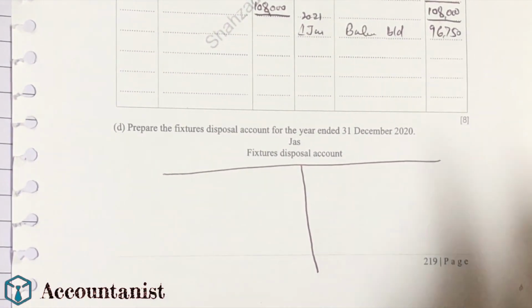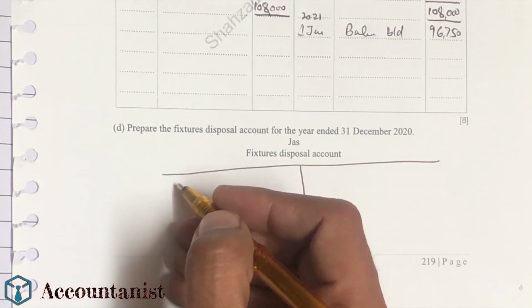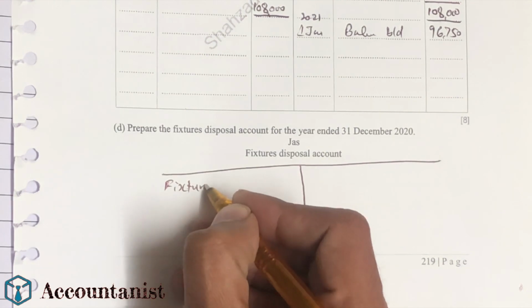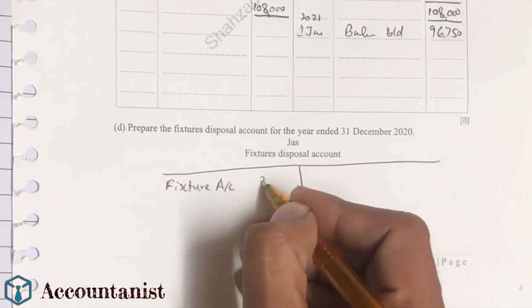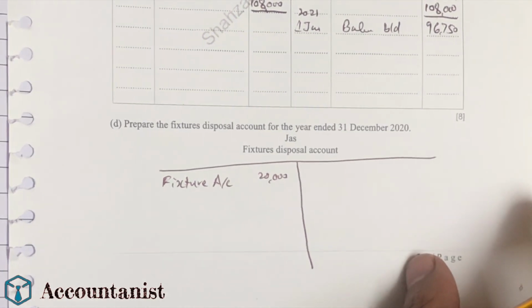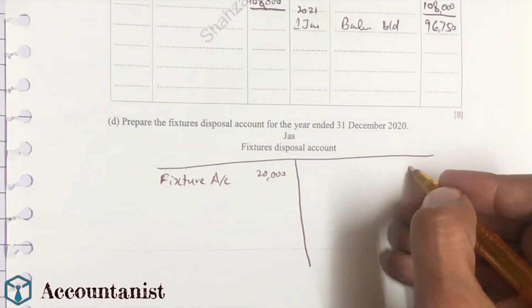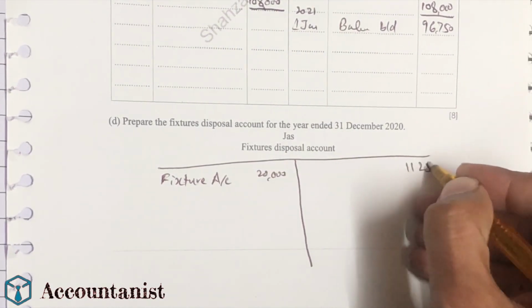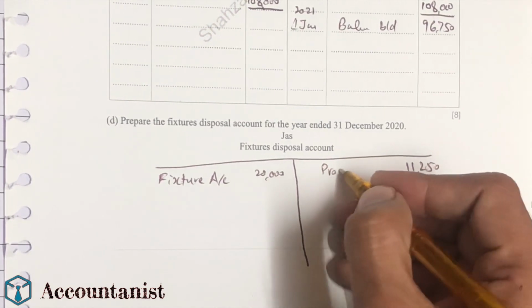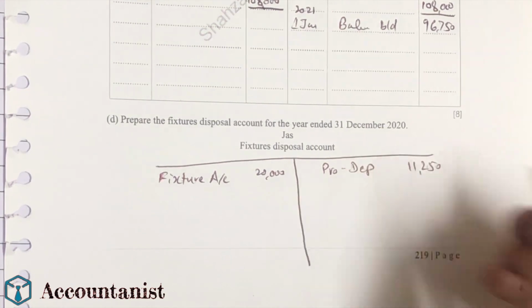So the disposal account with the fixture account is 20,000, that's the cost value, and the second value will be the disposal value that we write down here, 11,250, which will be from the provision for depreciation account.